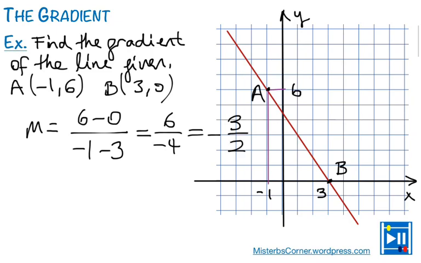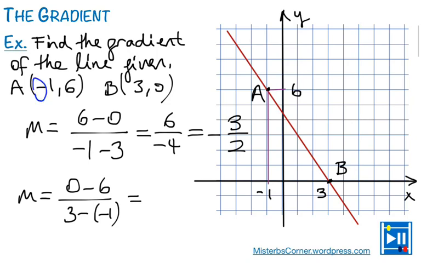If I flip the numbers, I will still have the same gradient. So if I go 0 minus 6, then I'll go 3 minus -1. This is very important. This negative sign belongs to 1, and this is the subtraction. So please do not forget to use both of them. Otherwise, the sign will be different and wrong.